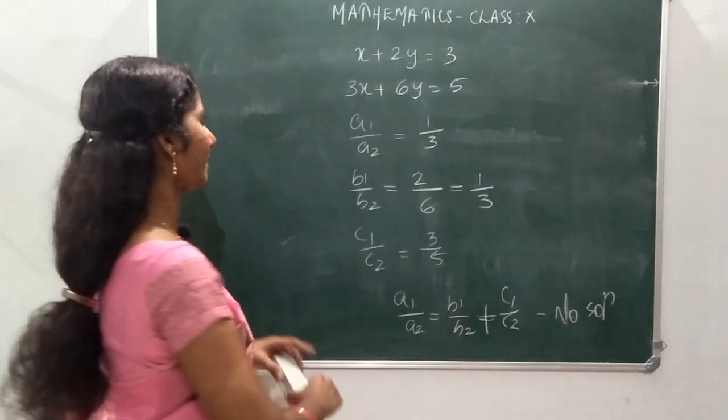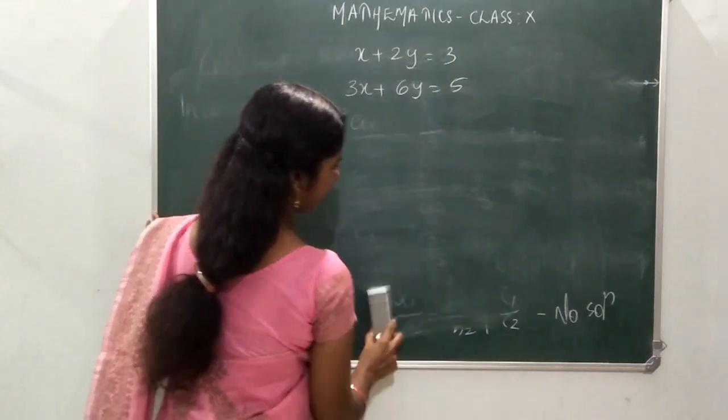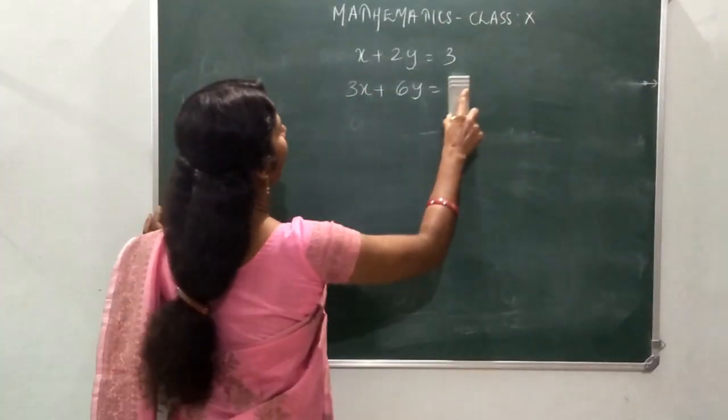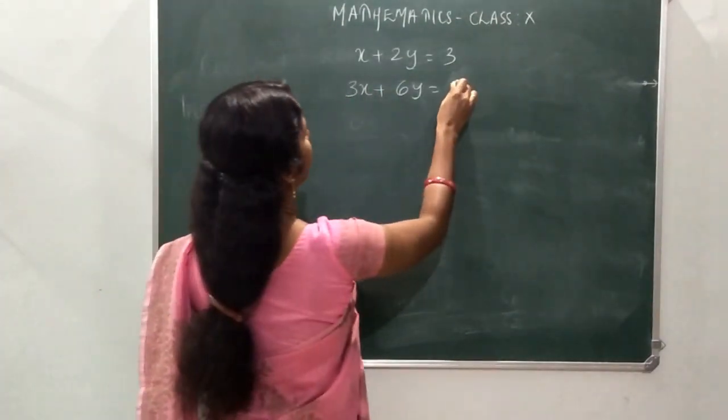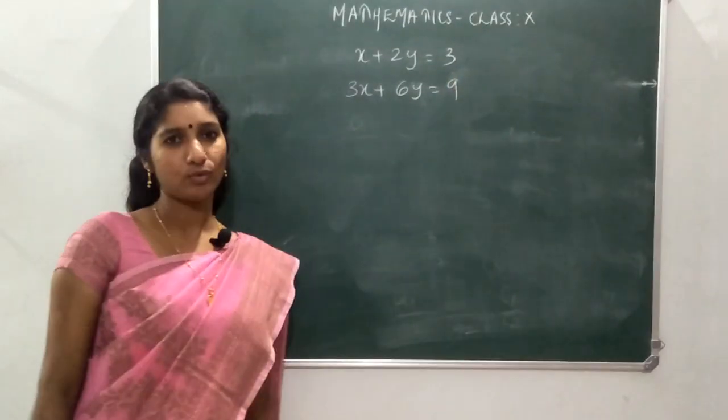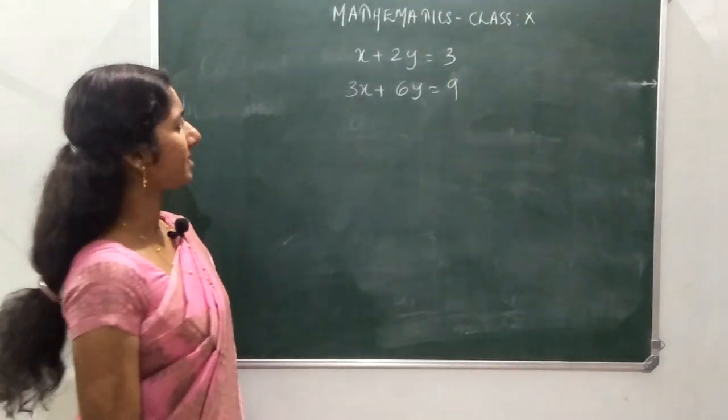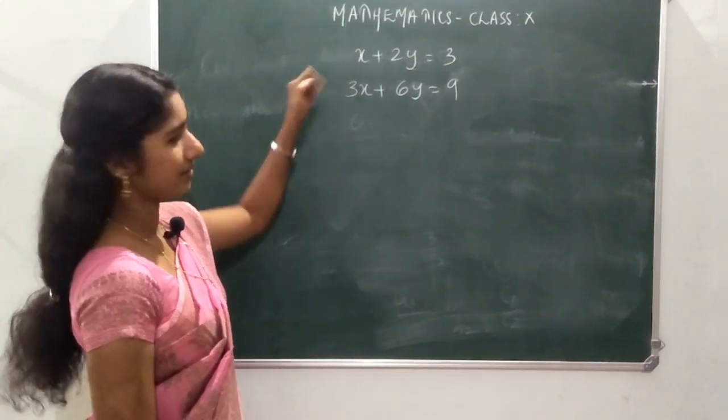Okay. Then one more problem. I am changing this 5 to 9. Now see the ratios. What is a1 by a2? 1 by 3.